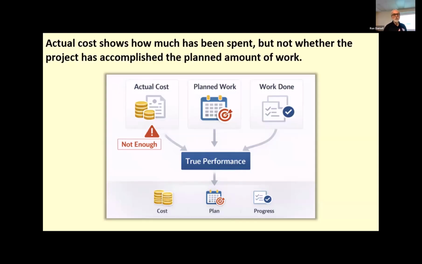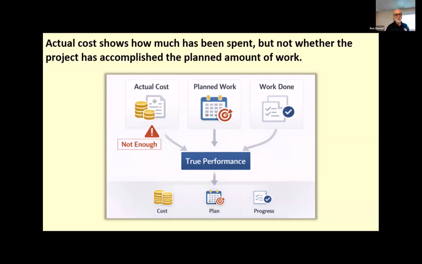Actual cost tells us how much money's been spent, but it doesn't tell us whether the project is producing the amount of work that was planned for that spending. This distinction matters because spending information by itself can be misleading. A project may appear to be doing well simply because it's spent less than expected, but that can happen when the work is late or incomplete.